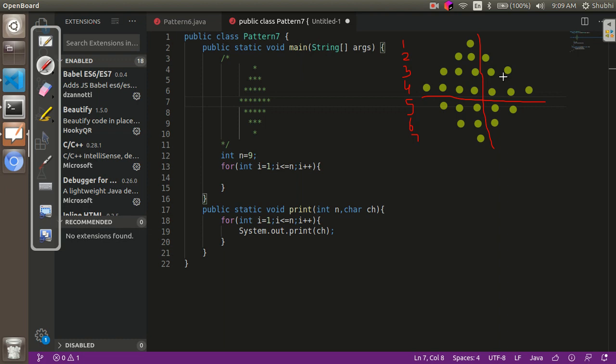Now as we have calculated in the previous video, when we have such patterns in which the top half has increasing number of characters and the bottom half has decreasing number of characters, the number of the row up till which the characters have to be printed in increasing order is (n+1)/2.